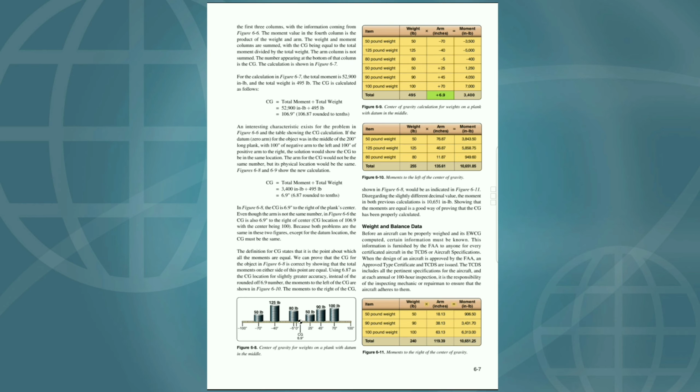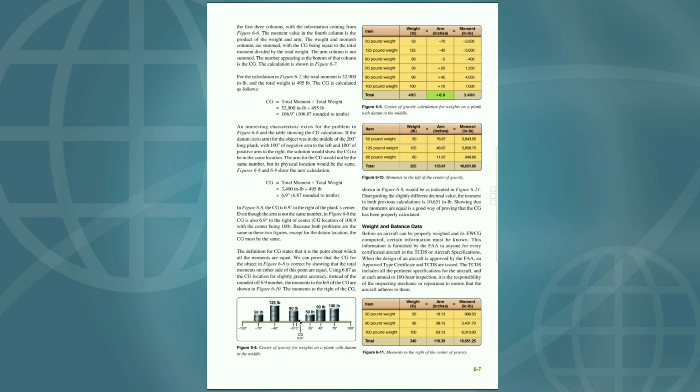Arm, inches, times equals. 18.13, 38.13, 63.13, 119.39. Moment, inch-pounds: 906.50, 3,431.70, 6,313.00, 10,651.25. Figure 6-8. Center of gravity for weights on a plank with datum. Figure 6-11. Moments to the right of the center of gravity.